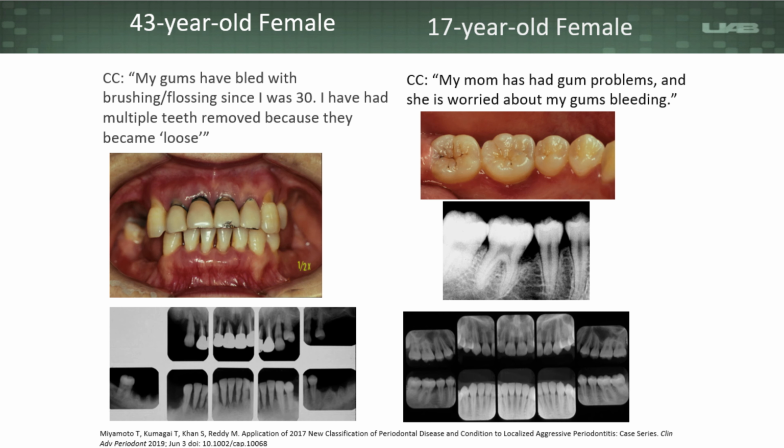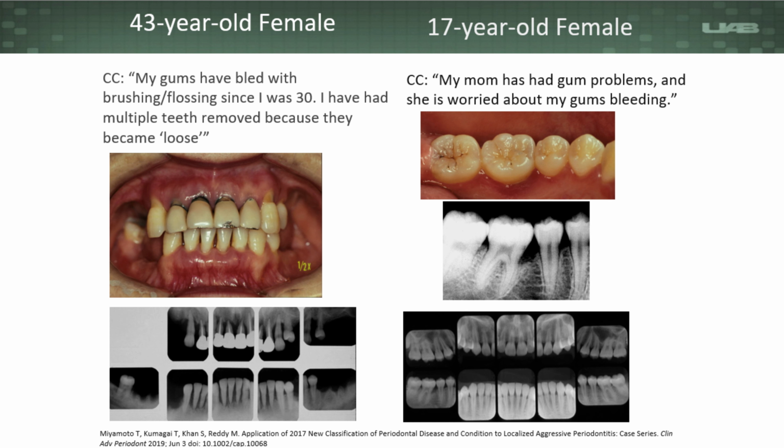So I have just one little example, and this is contrasting two patients to each other. It's a mother-daughter combination. So the mother is 43 years old, and she has had some issues with bleeding gums since she was 30, and she's already lost multiple teeth because they became loose. So this is the clinical scenario that's associated with that patient.